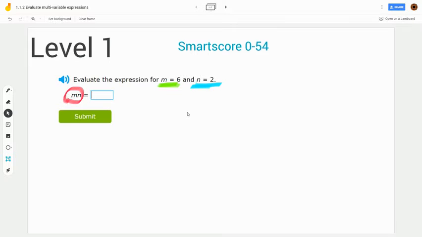And remember, when there's no symbol between numbers or variables, which, remember, variables are numbers, we just don't know them yet, that means multiplication anyway, so that could be viewed as m times n. That's the same thing as what is shown there. All right, so we can rewrite it in parentheses.